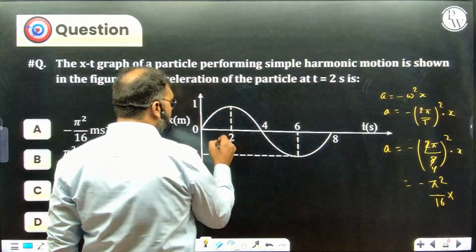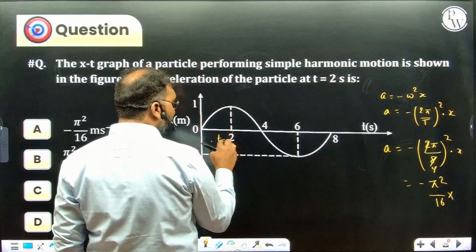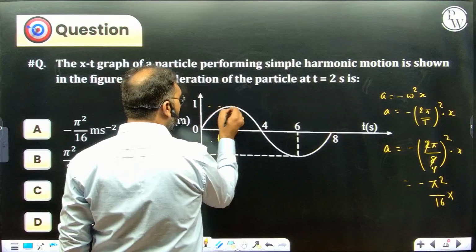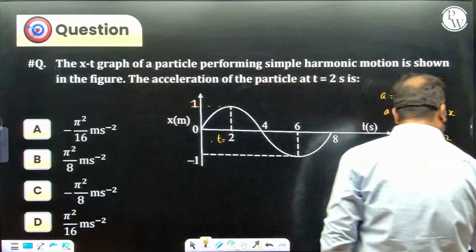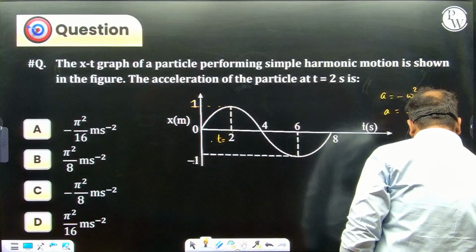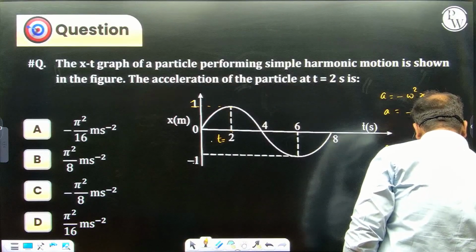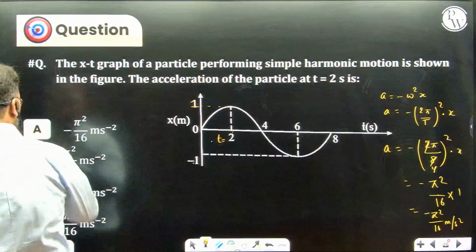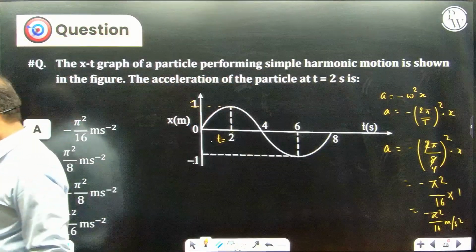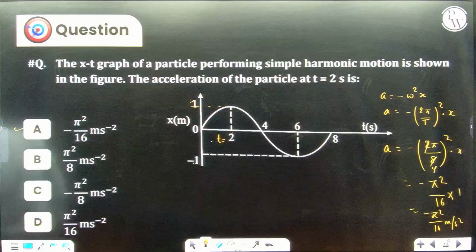This is time, right? This is t equals 2. So when the time is 2, the position of the particle is 1. So the value of x is 1. So this is minus pi square by 16 meter per second square. The first option is the correct answer for this question.